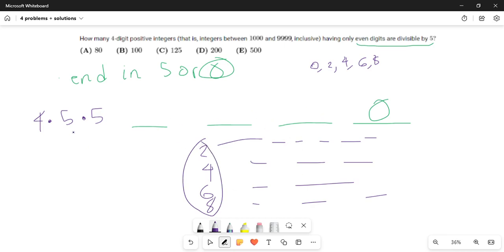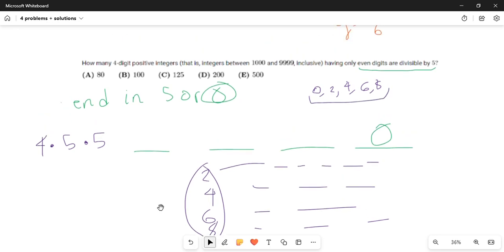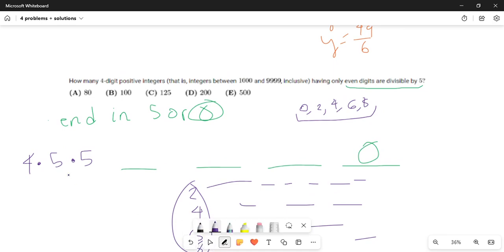With the same logic, you're going to have 20 cases, and each of those can have another 5, so you multiply by these. Doing this, you get 100. So we can get 100 by this.